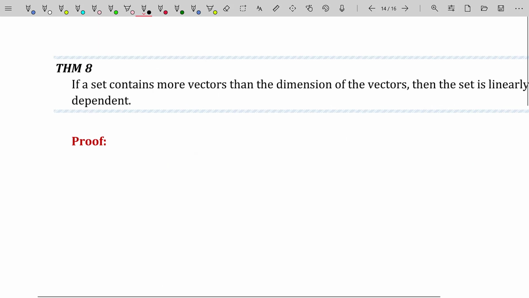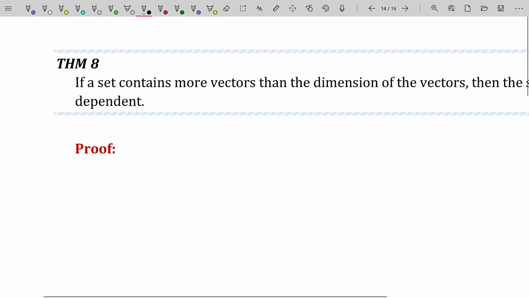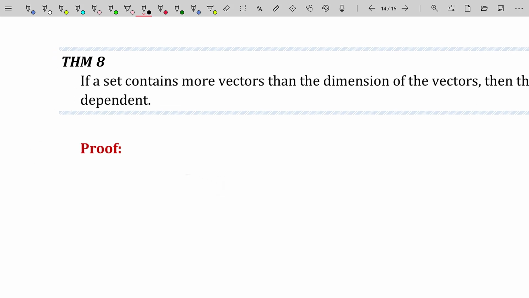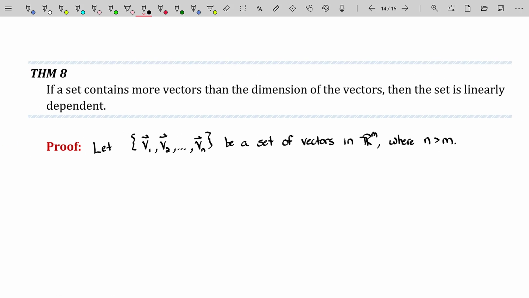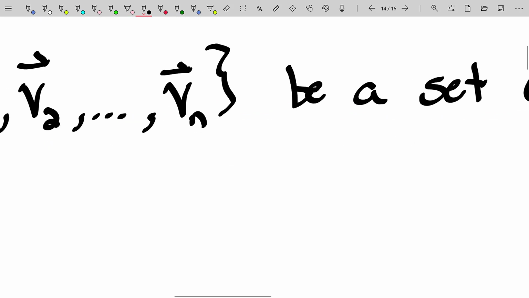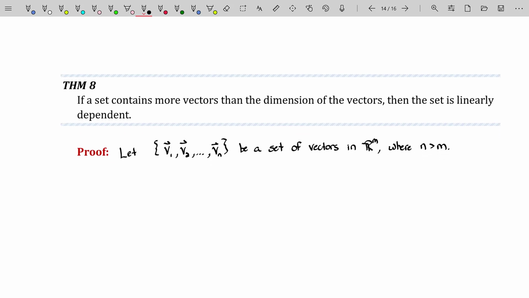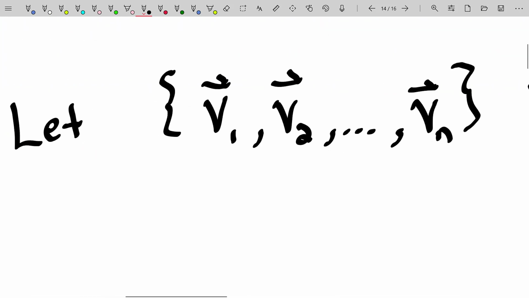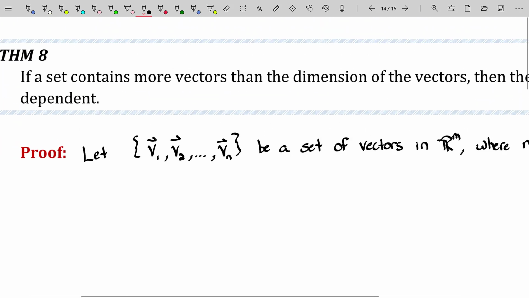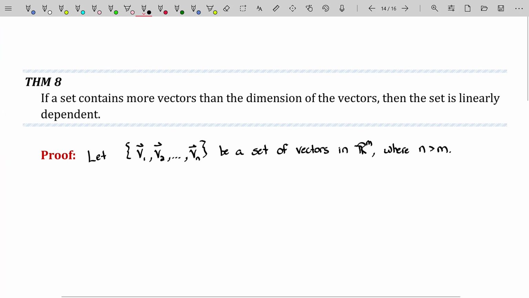So let's create a set of vectors that has more vectors than dimension of the vectors. So let v sub 1, v sub 2, all the way to v sub n. Now, because I'm using that index n, you probably know that I'm going to use a matrix in a moment. That's a set of vectors in Rm, that means every vector has m entries, where n is greater than m.